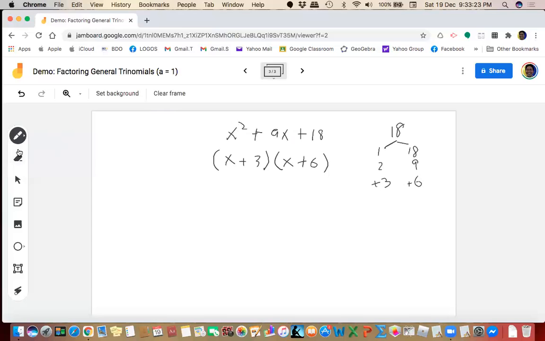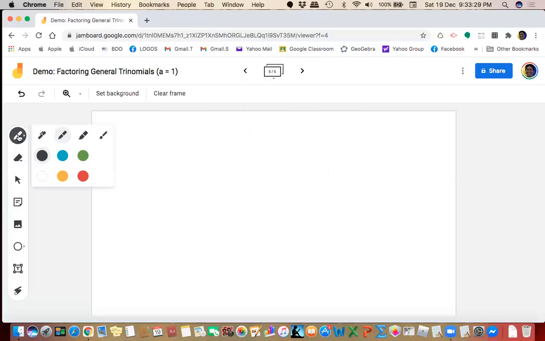All right, let's go to the next example. So we have x squared minus 11x plus 30.